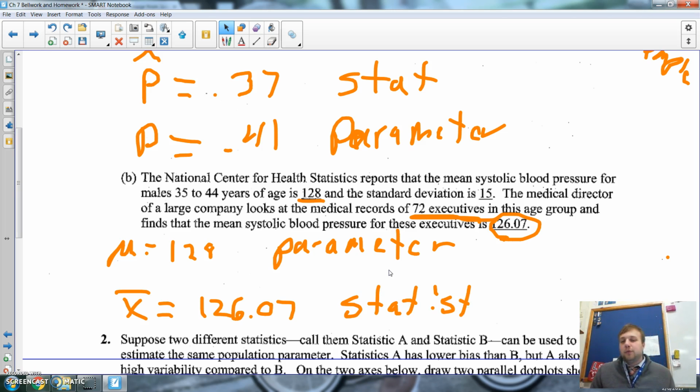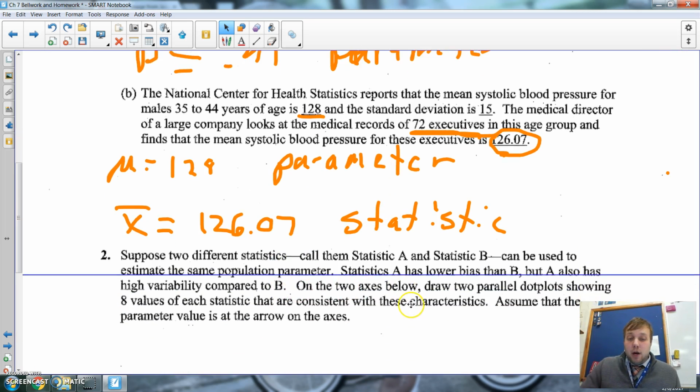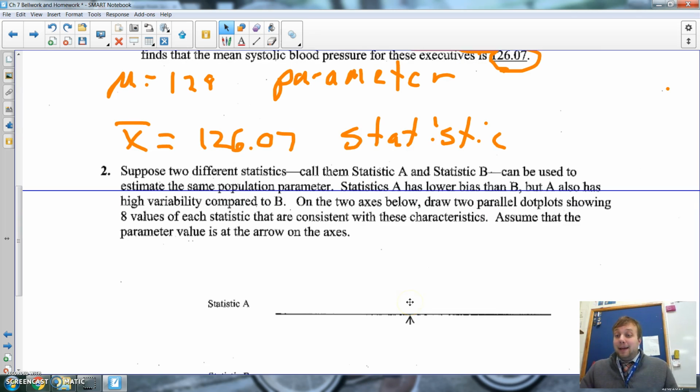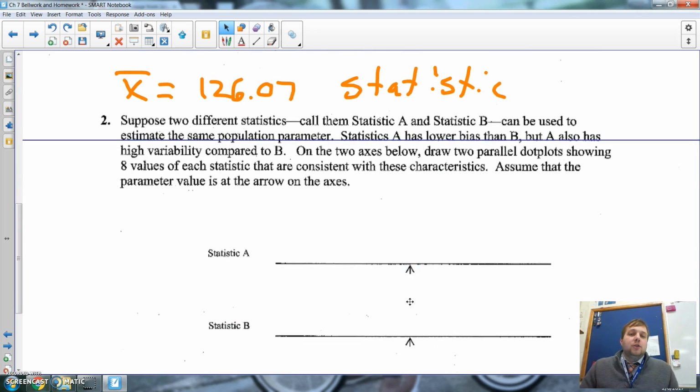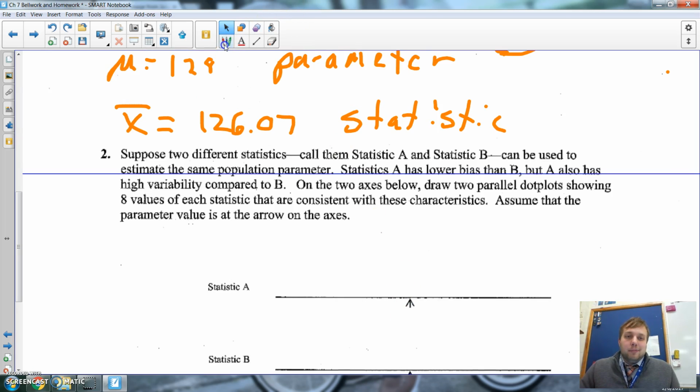Alright, now I'm going to go freehand for a little bit using my mouse, because as soon as you see that blue bar, I can't write anything more on my iPad. So here we go. Question number 2. Let's go purple.